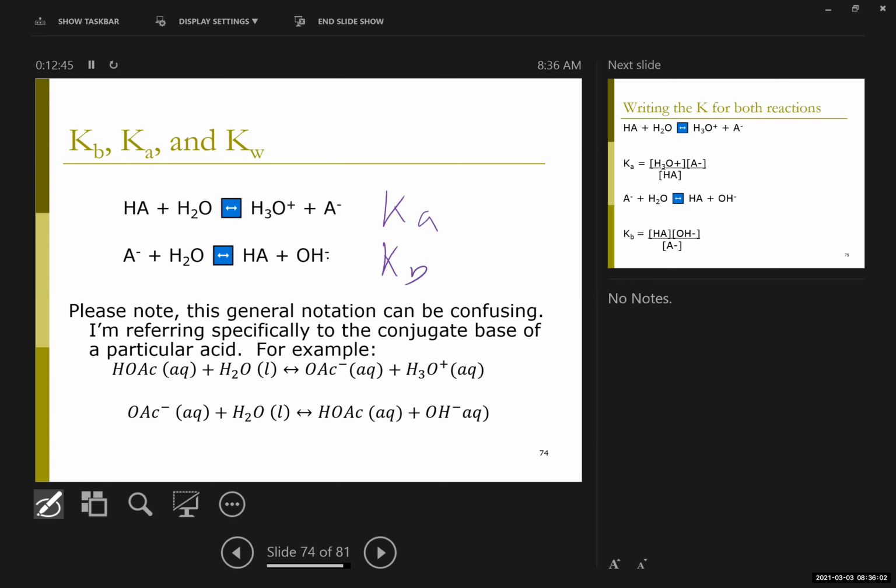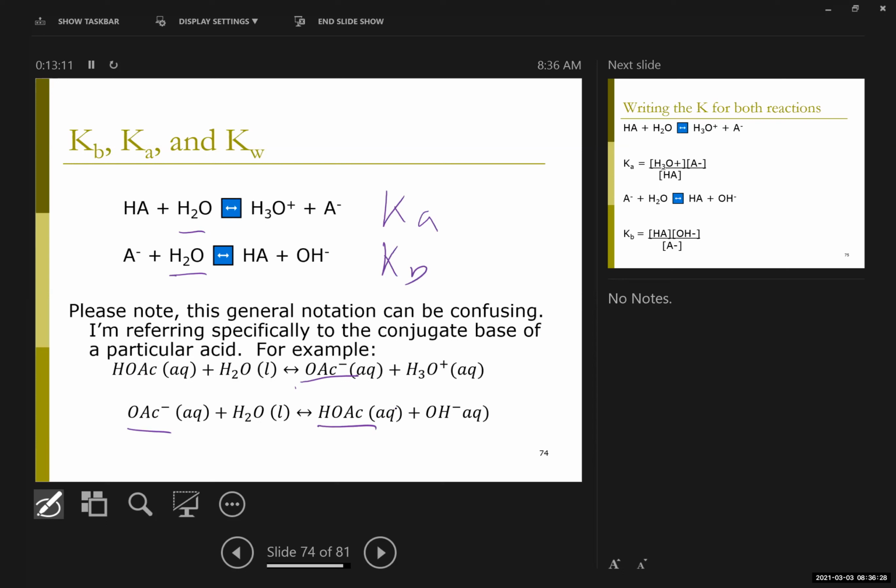Here's the Kb for the conjugate. Again, if it's a Ka, it has to be reacting with water. If it's a Kb, it has to be reacting with water. And so my other reactant in both cases is the water. If you prefer a specific example, here's my acetic acid and acetate. My acetic acid in water gives me acetate. My acetate with water gives me acetic acid.